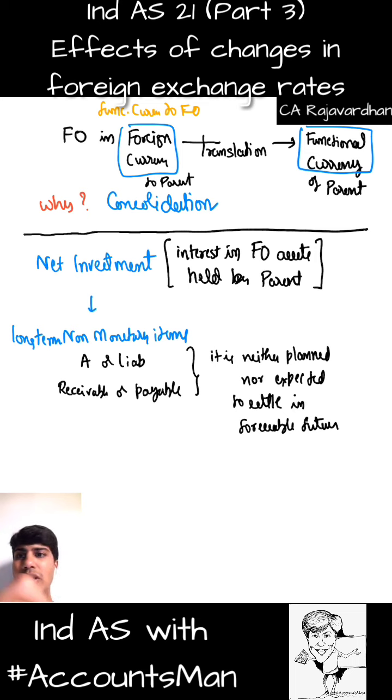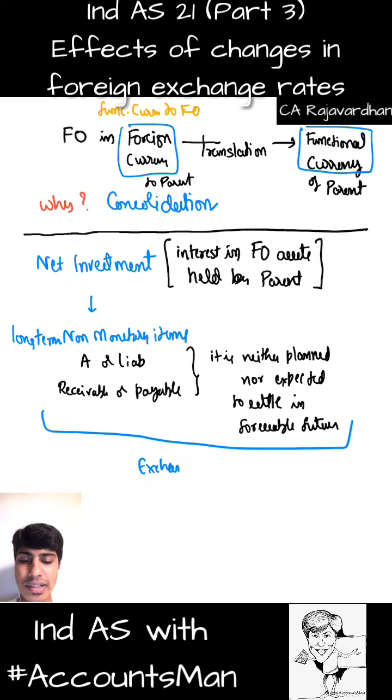With respect to this, if there is any exchange difference, because we need to translate, isn't it? If there is any exchange difference, in the consolidated financial statements or in the financial statements of that parent company, it will go to OCI, other comprehensive income.